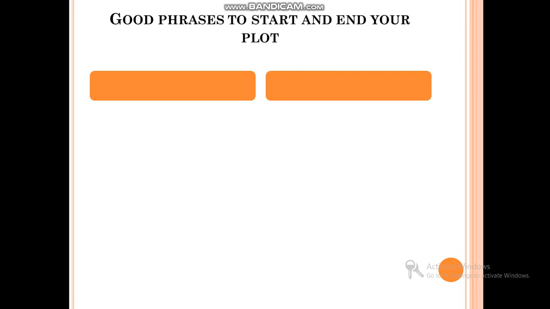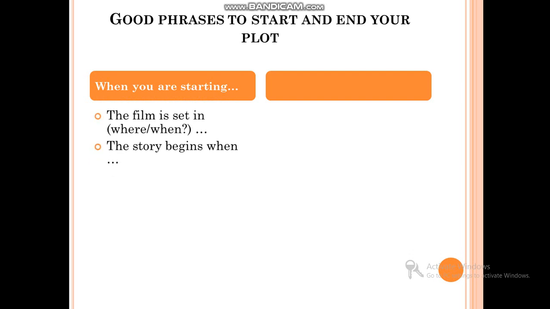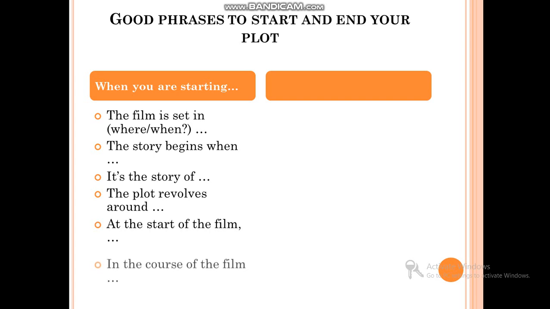And I have additional phrases for you to start and end your plot, especially when you're going to talk about the setting of the movie in your paragraph 3. It's better to start with these phrases: the film is set in where, when, and the plot revolves around, the plot focuses on what, at the start of the film, in the course of the film.